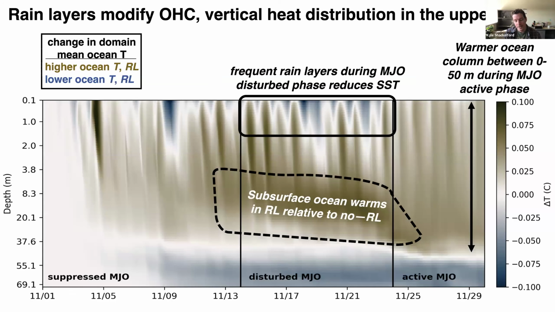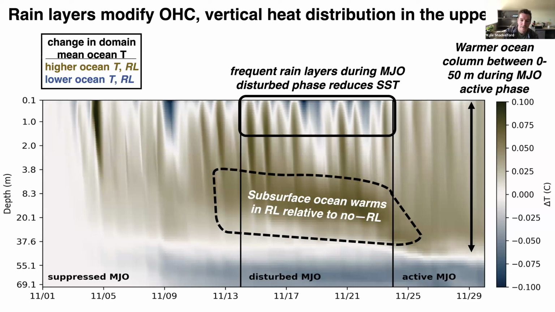And that heat is accumulating below the base of these rain layers and essentially is isolated from the atmosphere and rain layer presence. So you have this accumulation of subsurface ocean heat that is allowed to persist in the presence of rain layers. And then at the onset of the MJO active phase, you have strong westerly wind bursts, which erode near surface rain layers. And this releases the previously trapped subsurface ocean heat, thus resulting in a warmer ocean column between the surface and depth of about 50 meters.